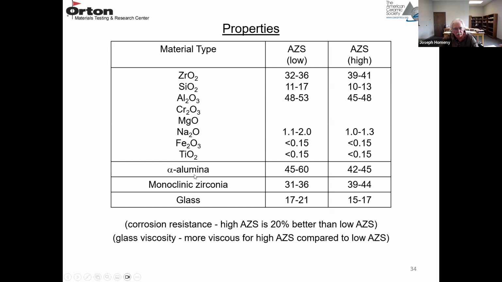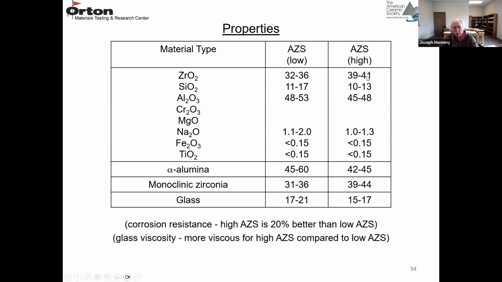So the phases present in both cases are going to be alpha alumina, monoclinic zirconia, because we're at room temperature. As you heat it up, it's going to transform to tetragonal around 1100 C, and then the balance is the glassy phase. So the high zirconia version has a little bit more monoclinic zirconia, a little bit less alumina, and a little bit less glass.